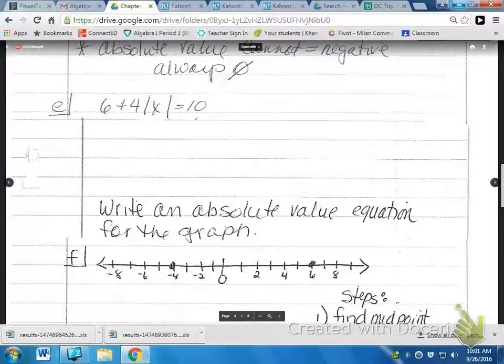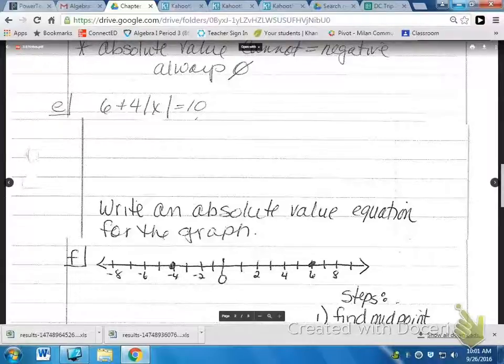So, again, it's 6 plus 4 times the absolute value of x. And what you've got to do is isolate the absolute value part by itself. You would treat it like it's just a plain old variable. But honestly, there might be something else inside that. Inside the absolute value, it could be x plus 3 or 2x minus 8 or anything.